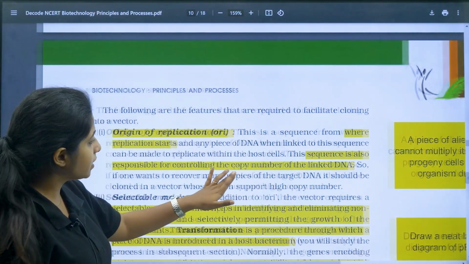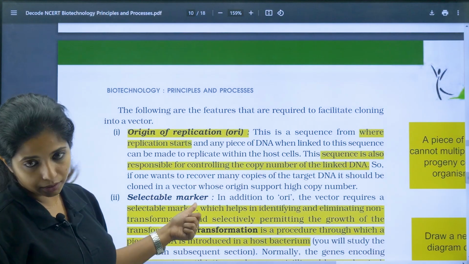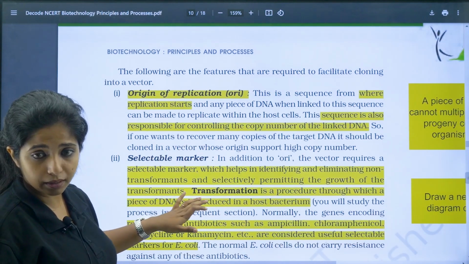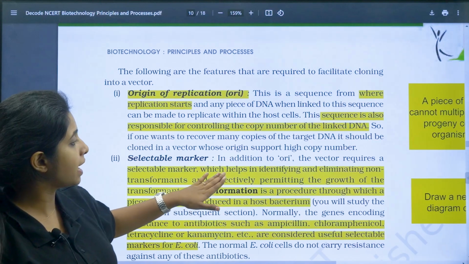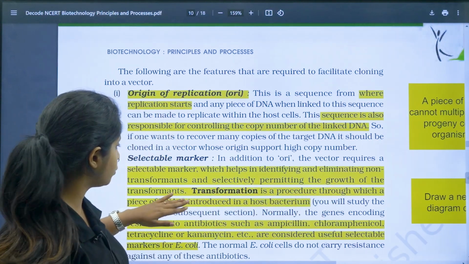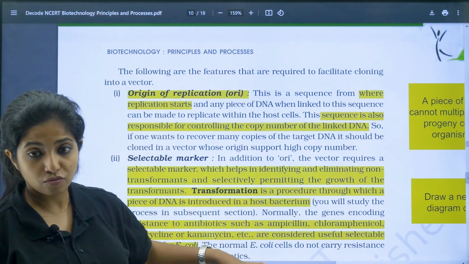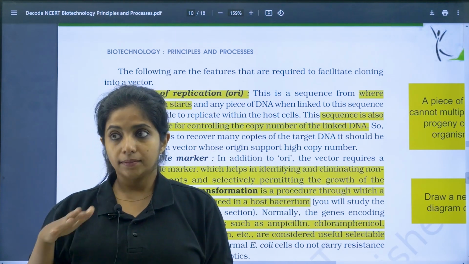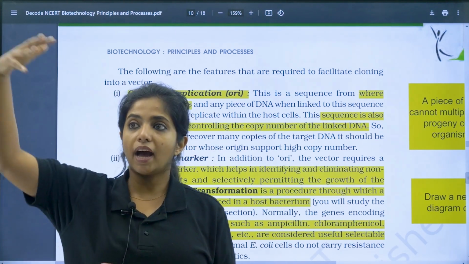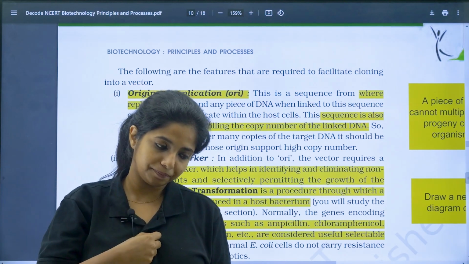Now the second thing that a vector must have is a selectable marker. What do you mean by selectable marker? Selectable markers help in identifying and eliminating non-transformants and selectively permitting the growth of transformants. What do you mean by transformation? I told you initially. For example, I am an Escherichia coli. Inside this Escherichia coli, I am putting another organism's plasmid.